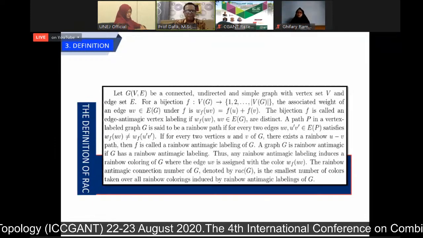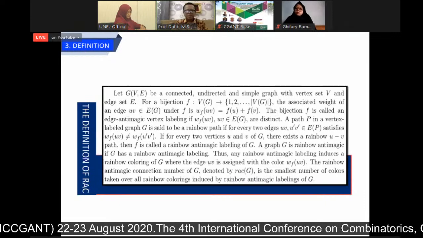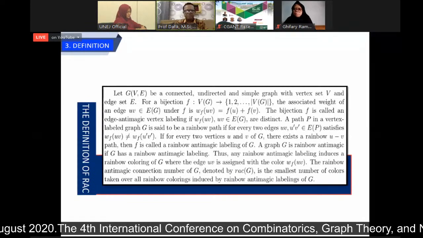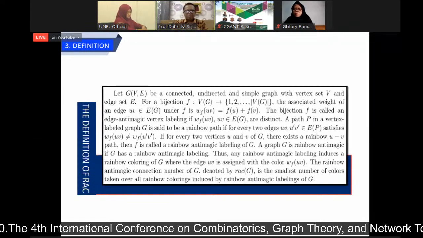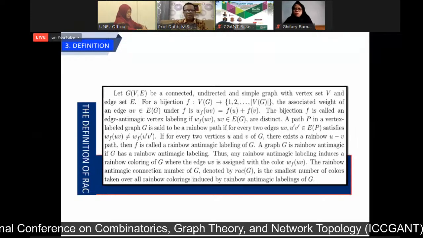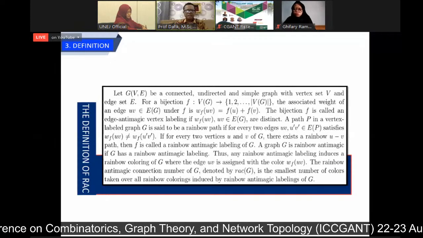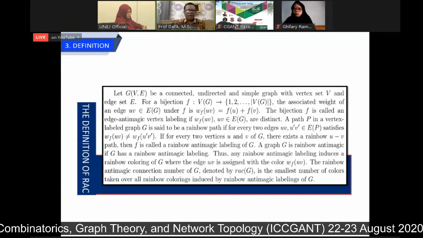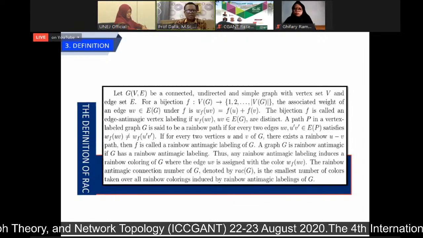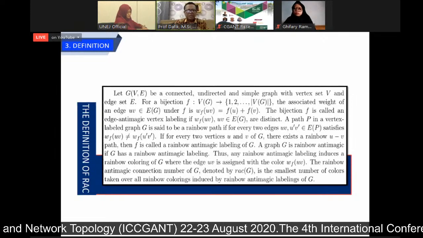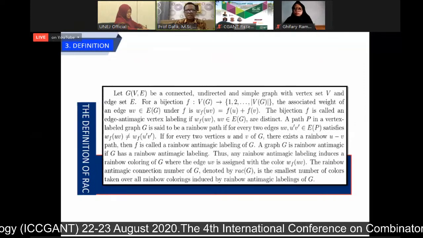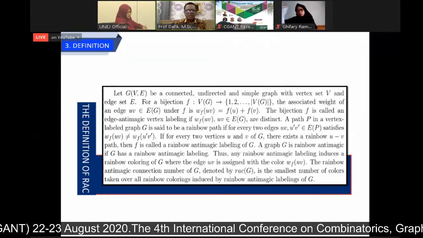Let G(V, E) be a connected, undirected, and simple graph with vertex set V and edge set E, for a bijection F mapping from a vertex element into 1, 2, 3 until the number of vertices, and the associated weight of H under F is the weight of H: F(U) plus F(V), the assignments of the two adjacent vertices.